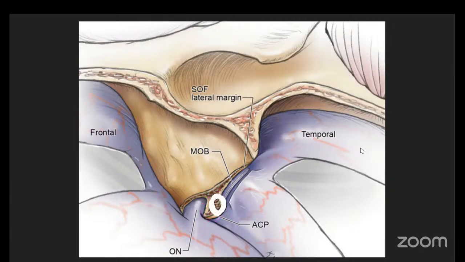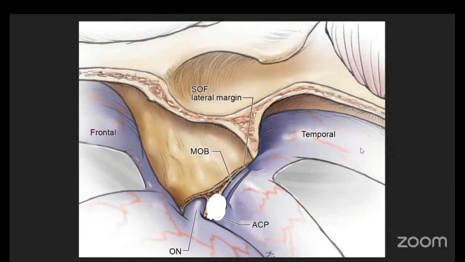This is taken like an eggshell. You thin it out to a point that there is a thin layer of bone which is left on the ICA, and then you gently peel it away. You never ronger it completely because you don't know whether ICA is adherent to it or not, or there's an anomaly or anything.